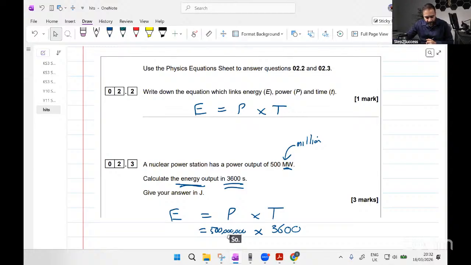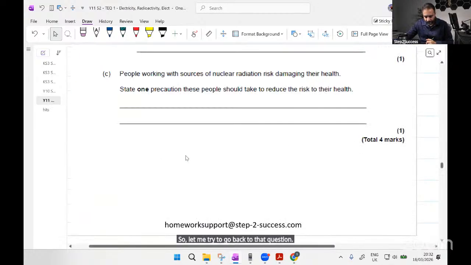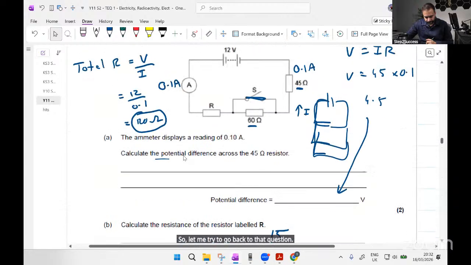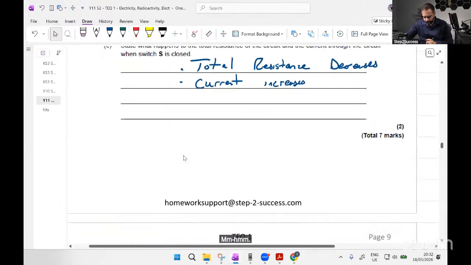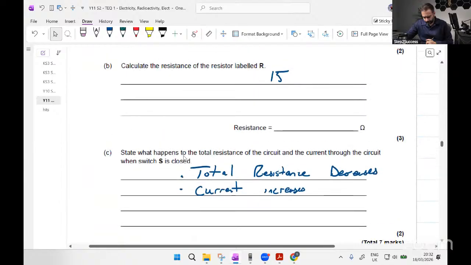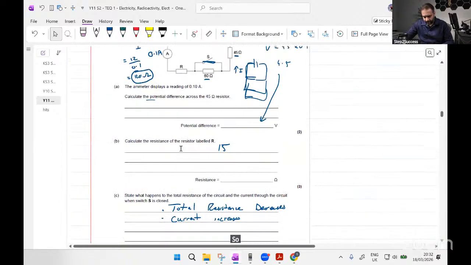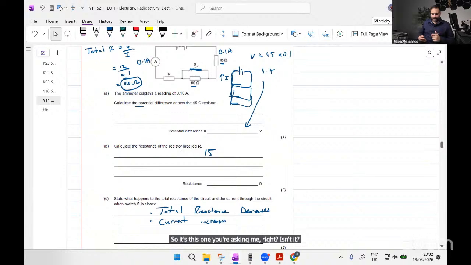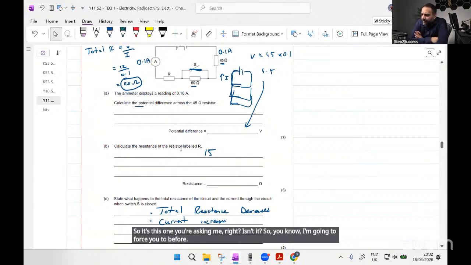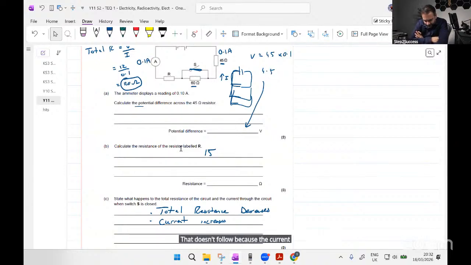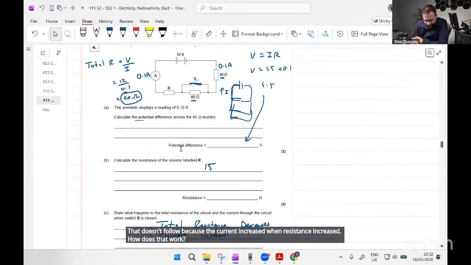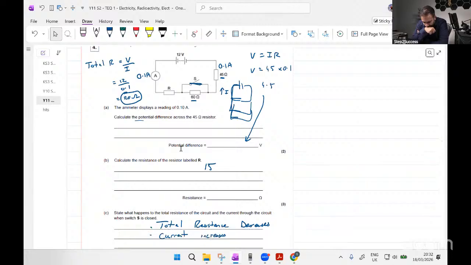So let me try to go back to that question. So it's this one you're asking me about, isn't it? Question 14 that you did before, that doesn't follow because the current increased when resistance increased. How did that work? The current increased when the resistance decreased.